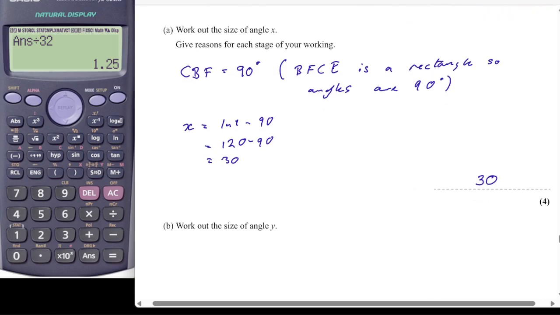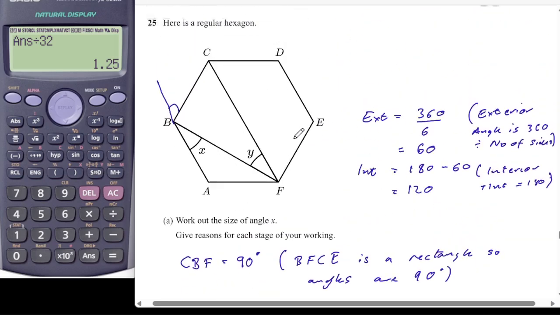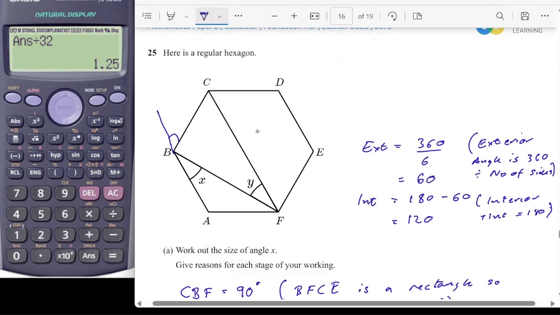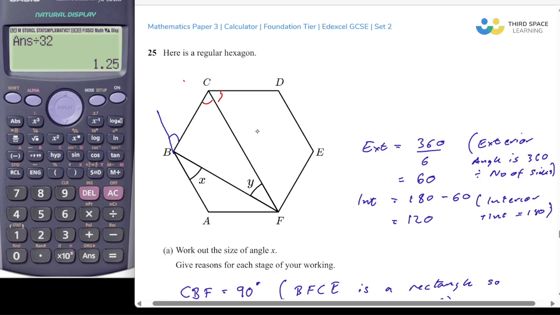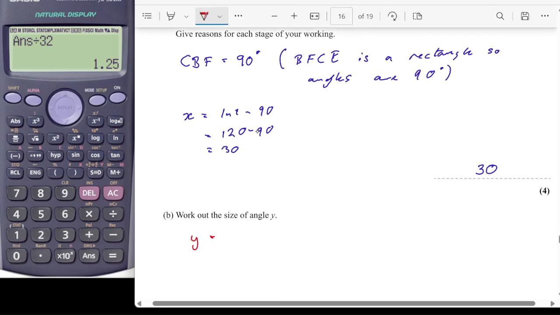Okay, work out the size of angle y. So this doesn't ask for our reasons. If we look up here, I'll do this in a different colour pen just to show my working for this. If I know that this full angle here is 120, then each of these angles must be 60, and I know that that's a 90-degree angle, so y must be equal to 180 minus 90 minus 60, so again that would be 30 degrees.